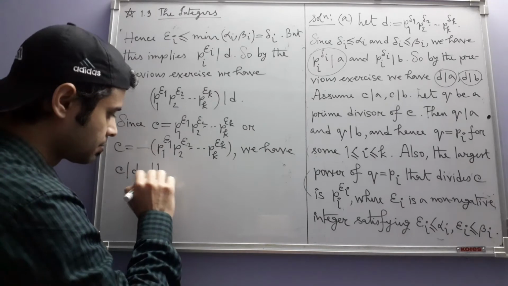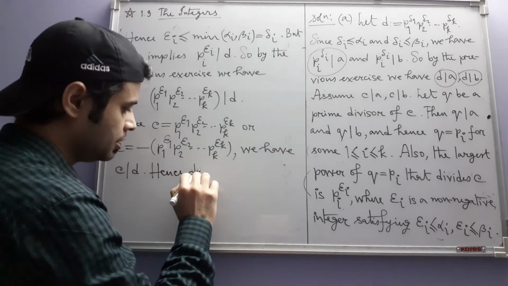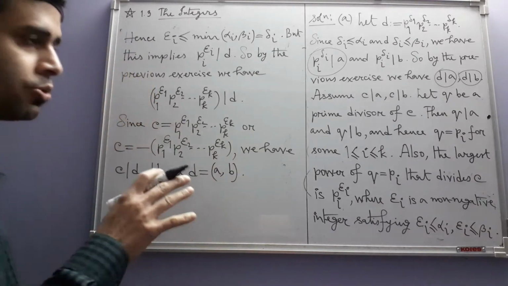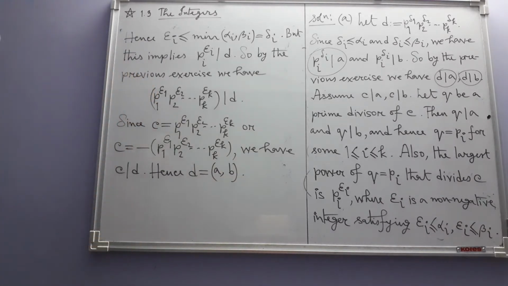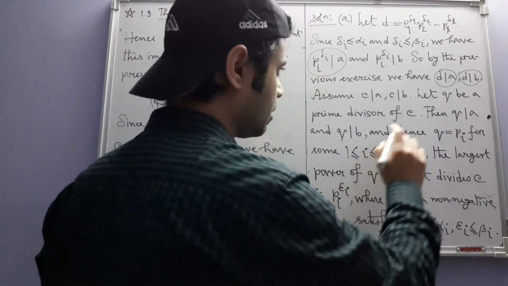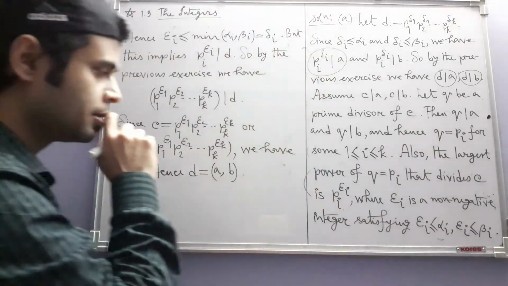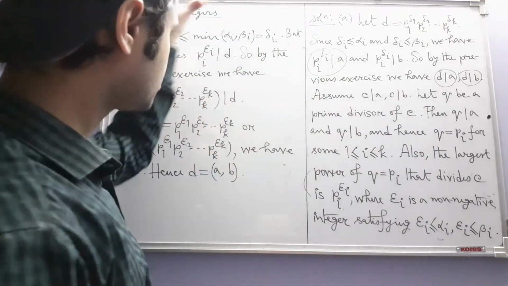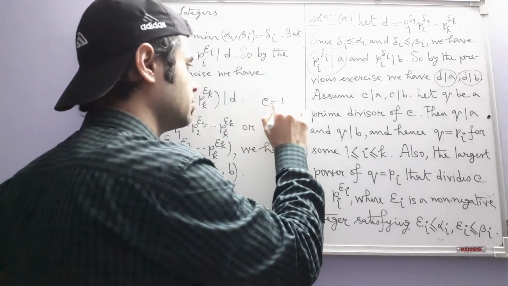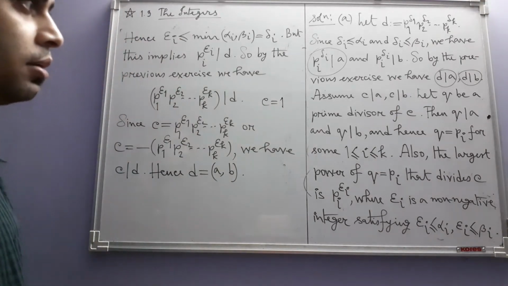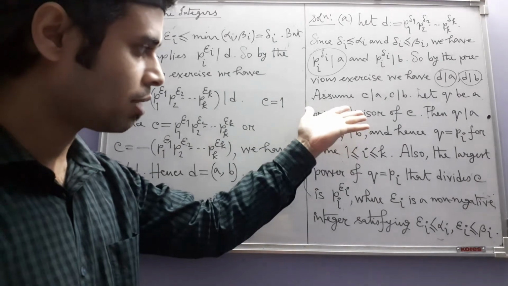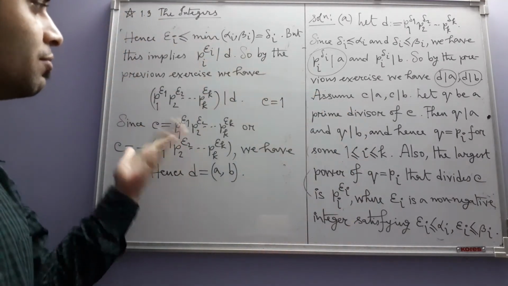Hence, D is the greatest common divisor of A and B, because it now satisfies both the conditions for being the GCD of A and B. Okay, one more thing about that aspect of this solution. What happens to this whole argument when C is 1, say? Then no prime is dividing C. So then what about the truth of this argument?